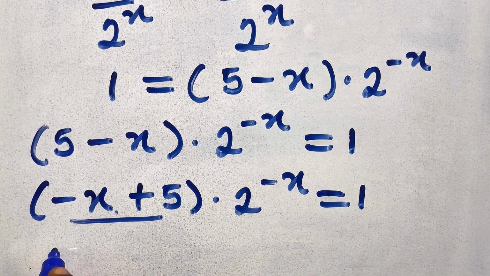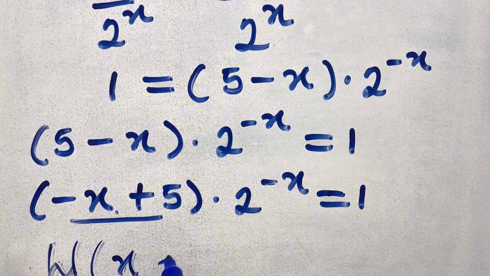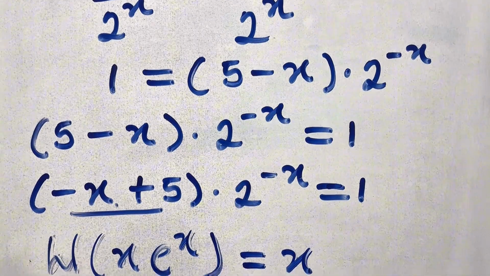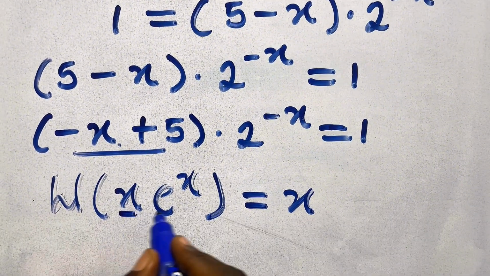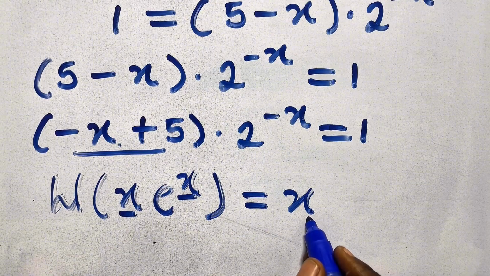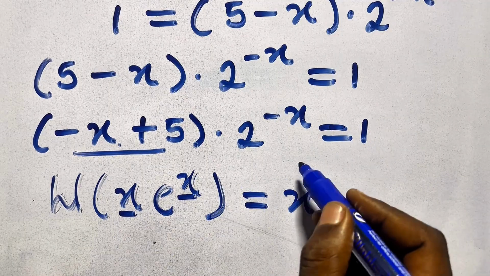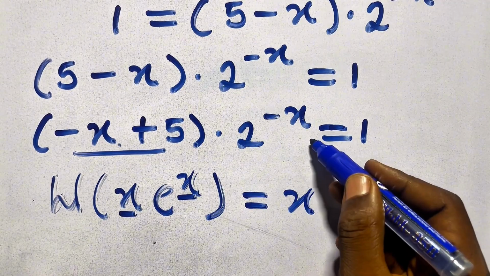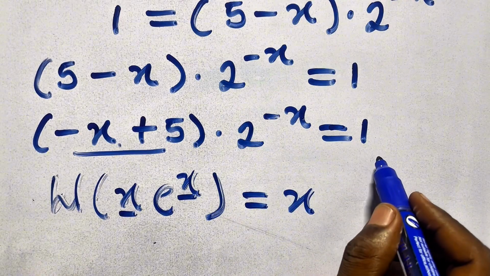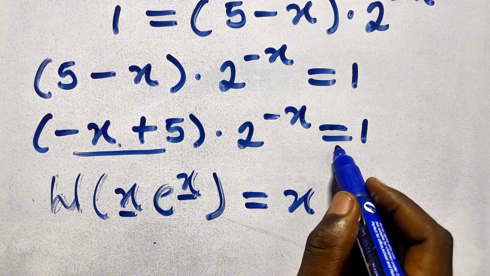The Lambert function says that the Lambert function of x times e to the x equals x. So this is what I explained earlier: the base and the power must be the same, and the expression will be given like this. If we try to apply this, you will see that we need to multiply both sides of this equation by 2 raised to the power 5.